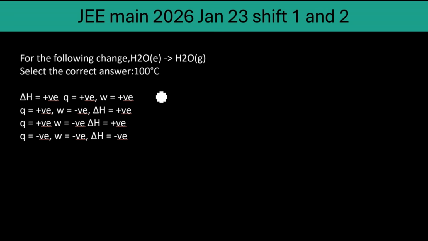For the following change, H2O liquid gives H2O gaseous state, so liquid to gas. Select the correct answer at 100 degrees Celsius. So the change happens at 100 degrees. Okay, so that is the question. This is a simple vaporization. Vaporization means heat must be absorbed, right? So q will be positive. And what about delta H?